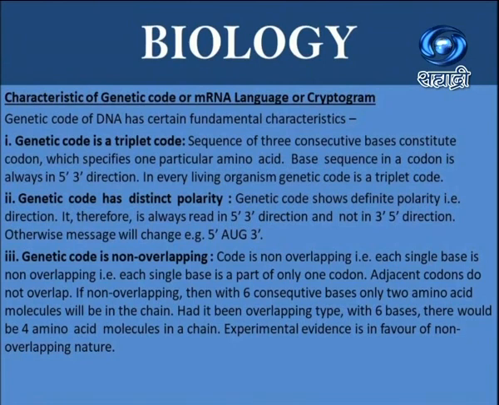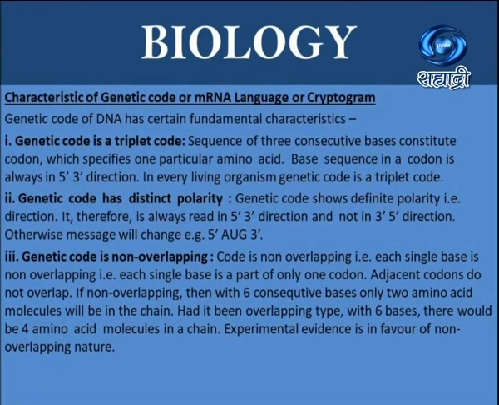Number 3 characteristic feature, genetic code is non-overlapping. It's a very important one. Code is non-overlapping, that is each single base is a part of only one codon. Adjacent codons do not overlap. If non-overlapping, then with 6 consecutive bases, only 2 amino acid molecules will be in the chain.